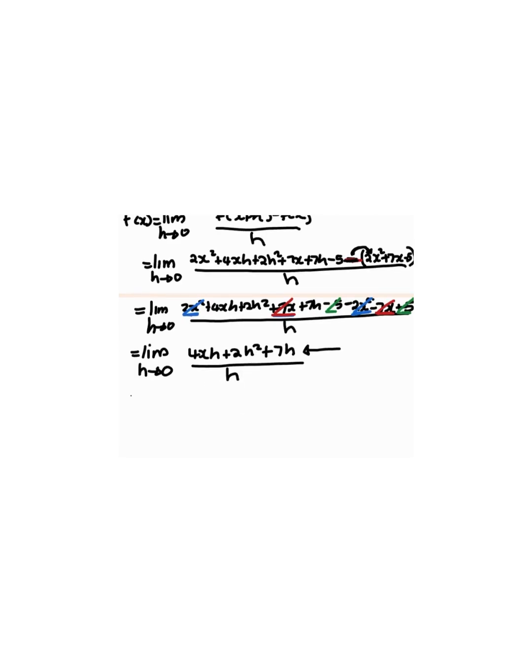So now at this point we can take out a common factor of h. If we take out h, there I'll be left with just 4x, there I'll be left with just 2 and 1h because 1 is out, then there I just have 7 divided by h.